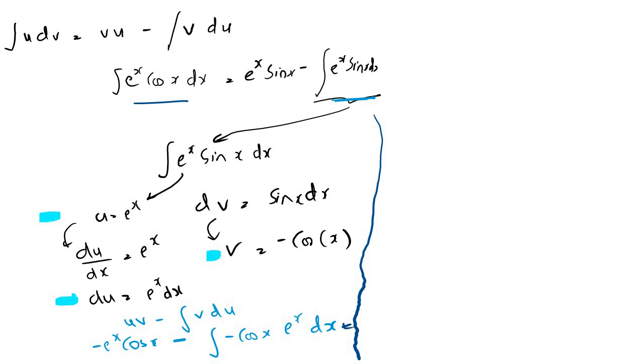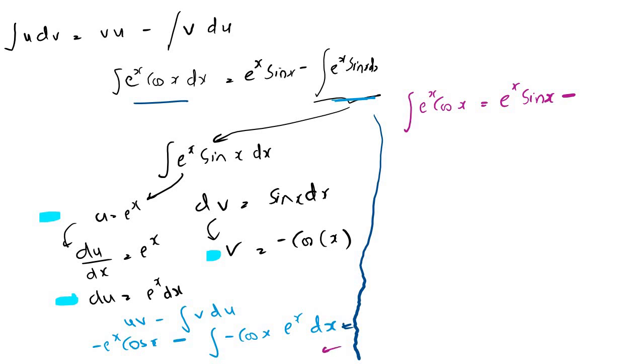So we'll combine the two functions and write this again in a different color. So we have integral e to the power x cos x is equal to e to the power x sin x minus this value over here.